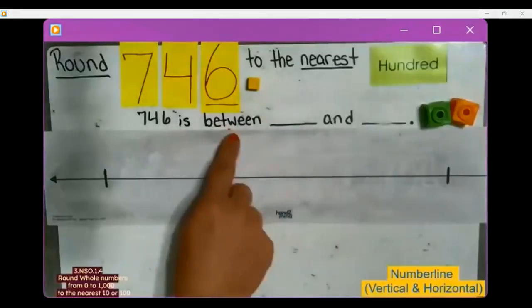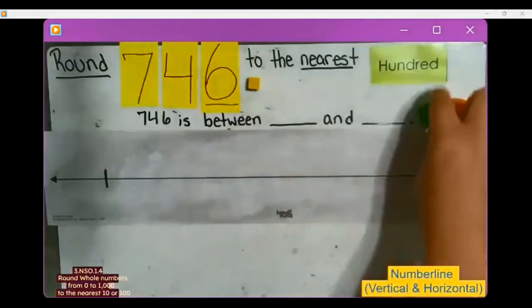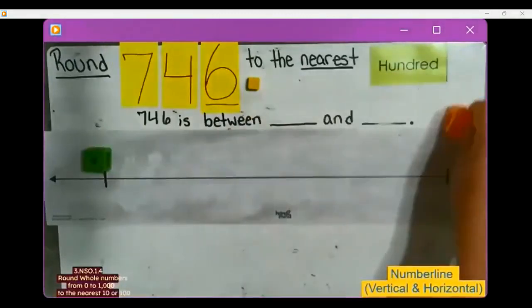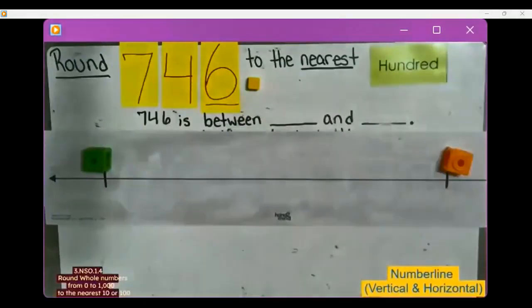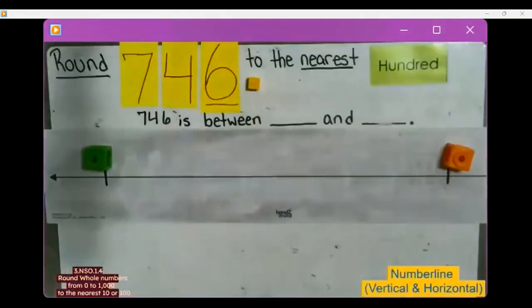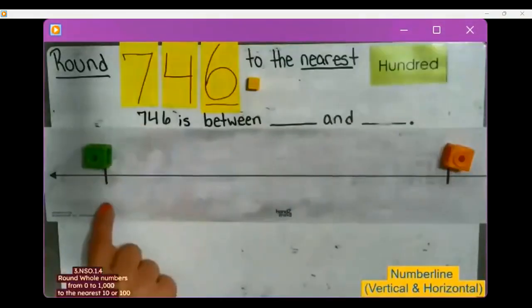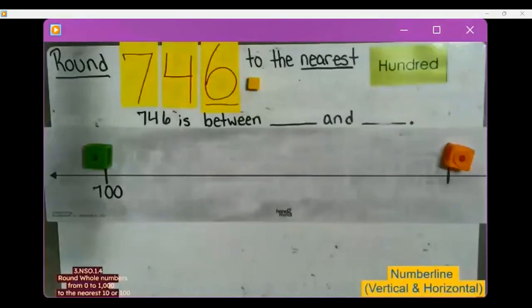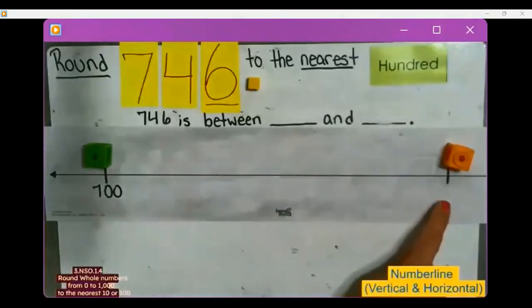Having students practice these sentence stems of knowing what hundreds a number exists between emphasizes their patterns of skip counting by hundreds as they skip counted by tens in the previous skill.